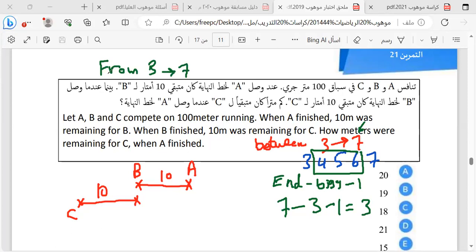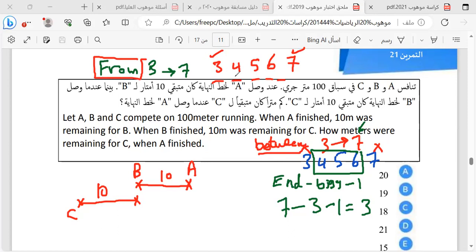Look, from 3 to 7: 3, 4, 5, 6, 7. How many numbers? 5 numbers. If it said from, we have 3 and 7 with us. If it said between 3 and 7, we cancel them.